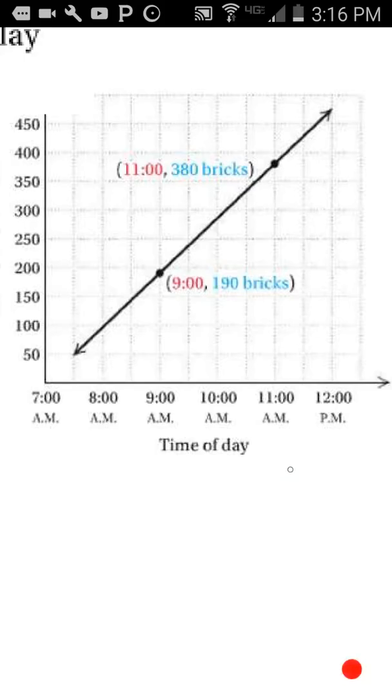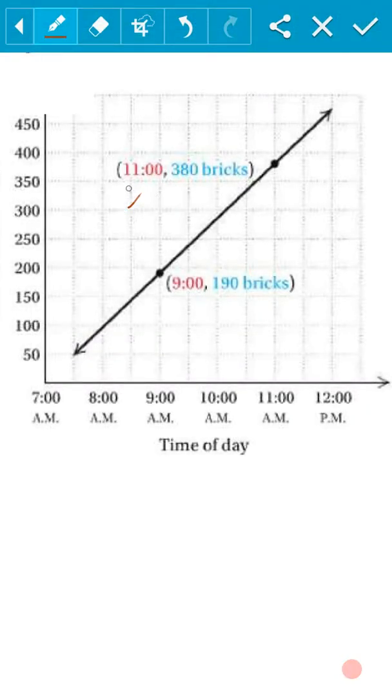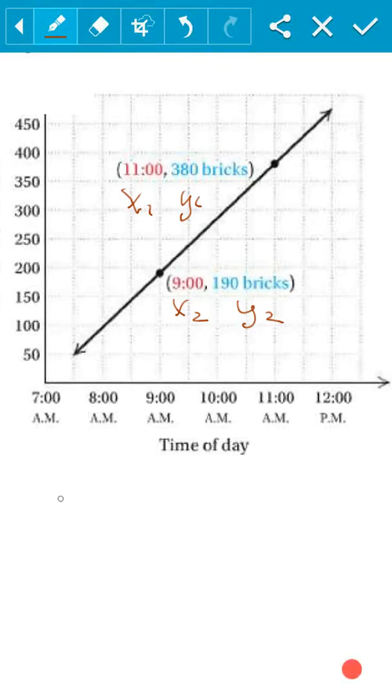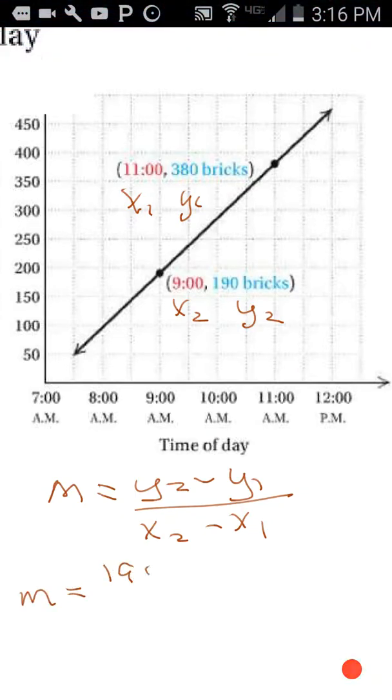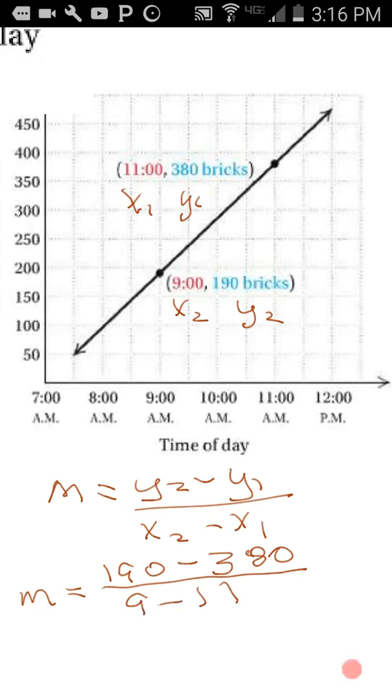So all we have to do is take points and call them x1, y1, x2, y2, and so the slope is y2 minus y1 over x2 minus x1, so it is equal to 190 minus 380 over 9 o'clock minus 11 o'clock.